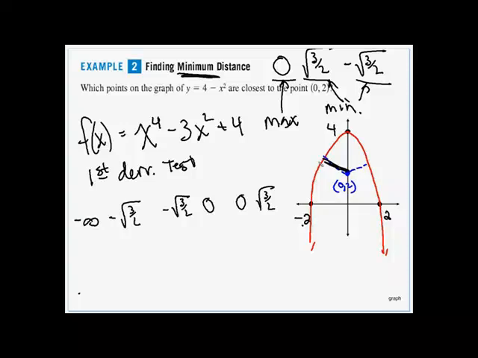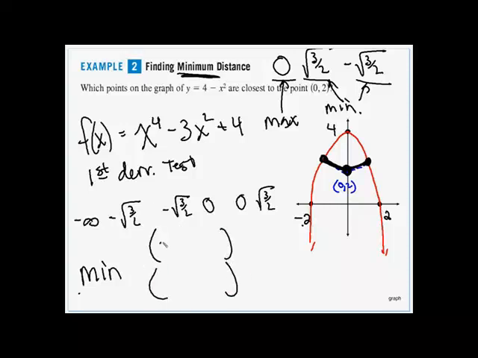And that makes sense, from sketching our picture, and we want to be as close to this point (0, 2) as possible. It looks like, with the symmetry of a downward opening parabola, there are going to be 2 distances that are minimized, that are going to be points here on the parabola. And what we found are the x values of our minimums. So our minimum, we have 2 of them.